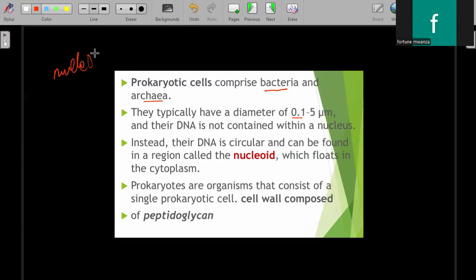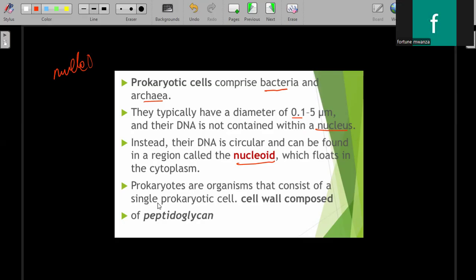Their genetic material is found in what we call the nucleoid. In place of the nucleus, prokaryotes have the nucleoid, and that is where you are going to find the genetic material.